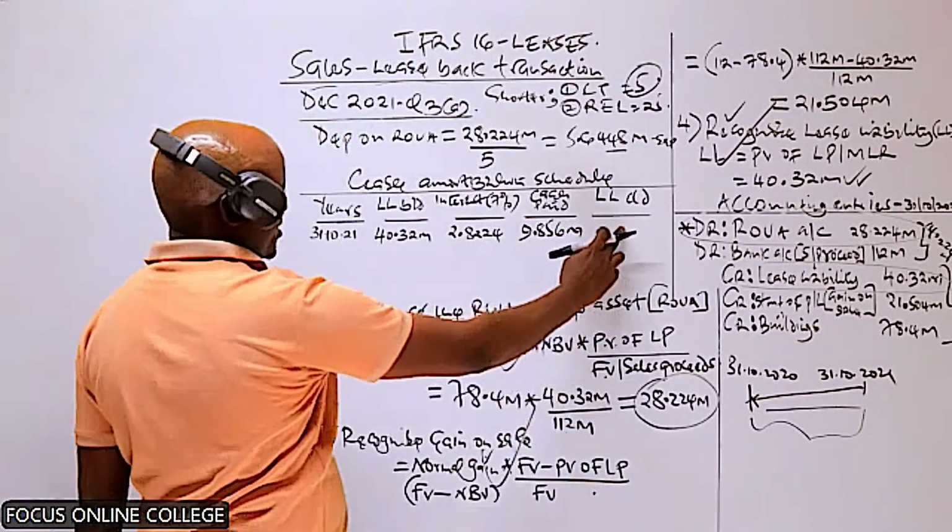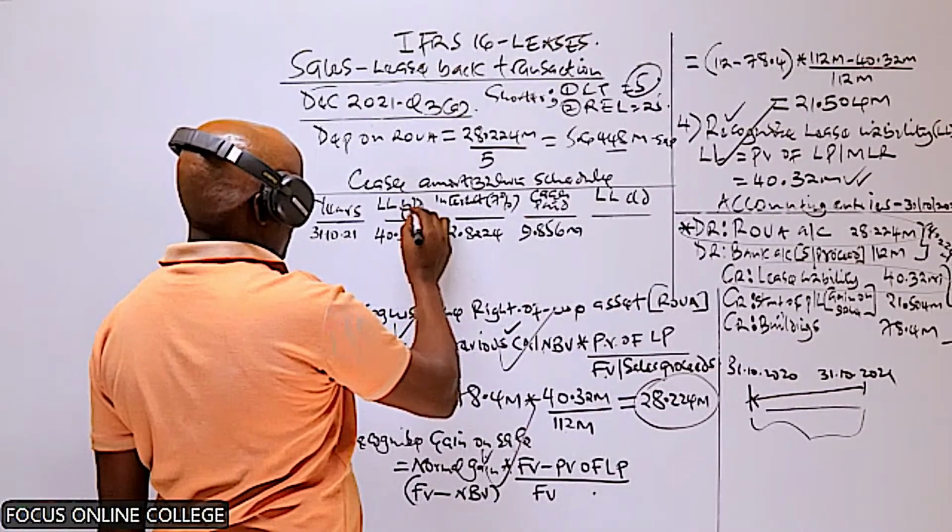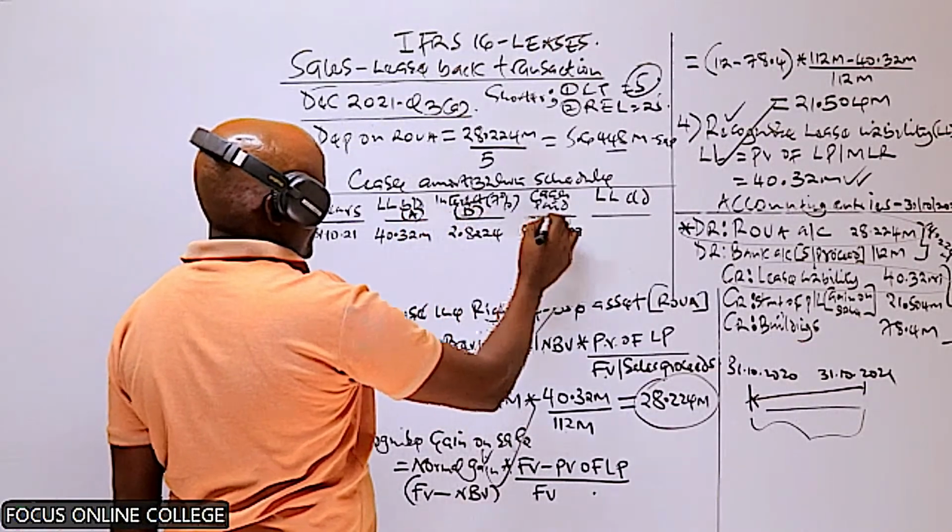So give me the lease liability at the end. The lease liability at the end is equal to our lease liability at the start plus interest minus the cash paid.